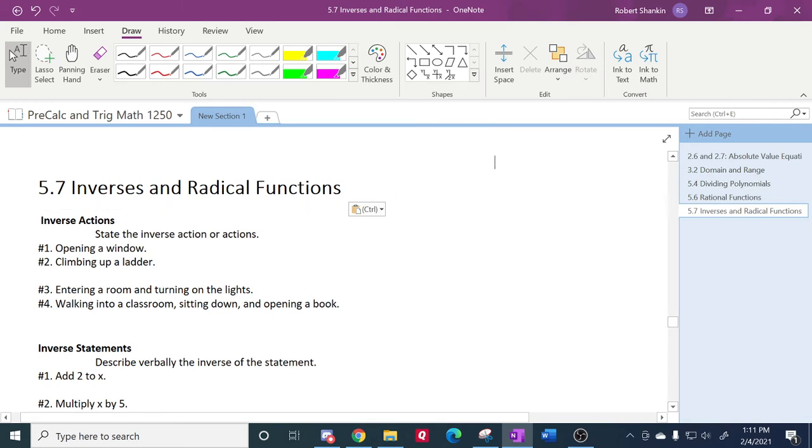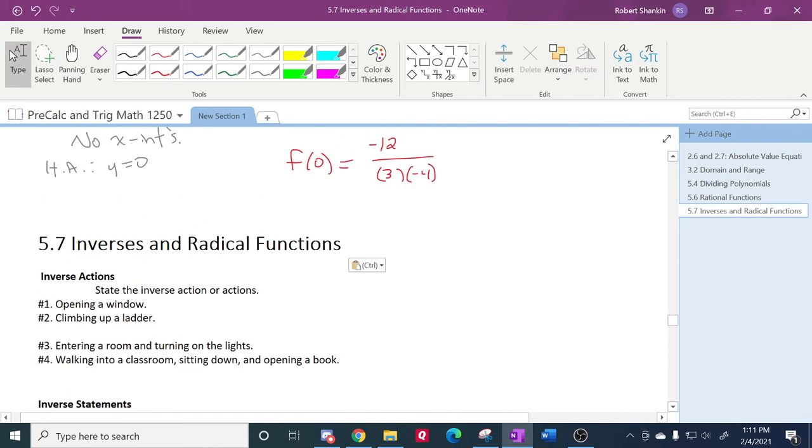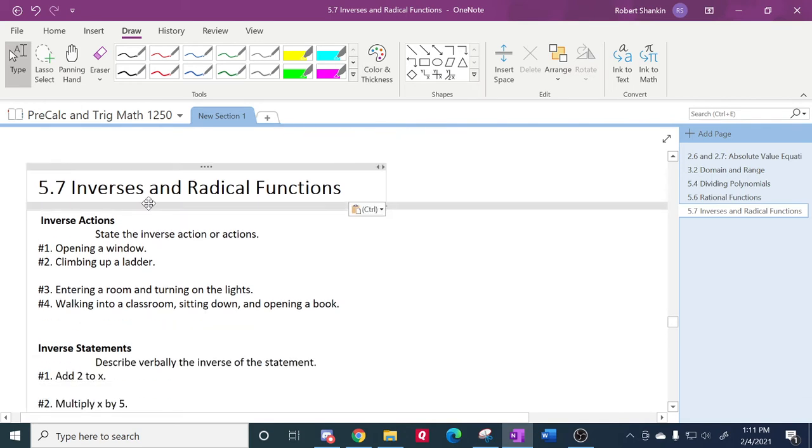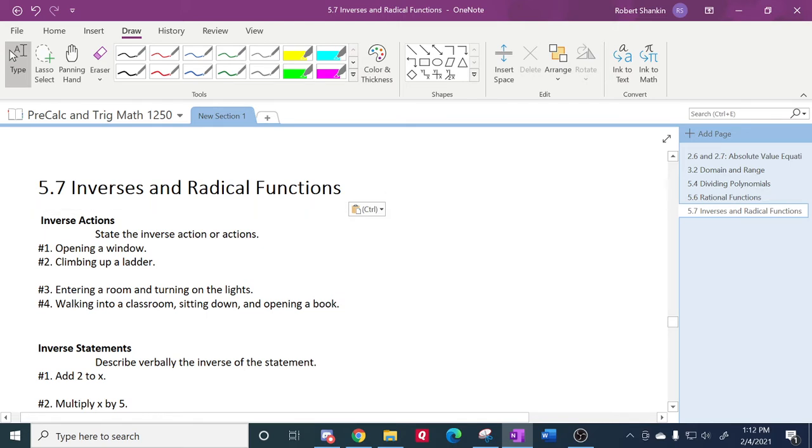All right. So inverses and radical functions, and we're going to focus on the inverse functions aspect of this. All right. So inverse actions. State the inverse action or actions. So number one is opening a window. So in your group chat, type in the inverse action for opening a window.